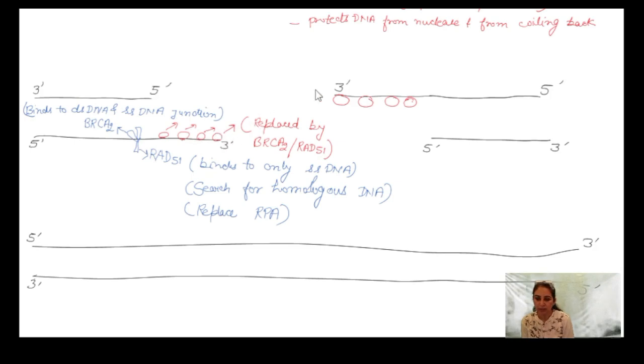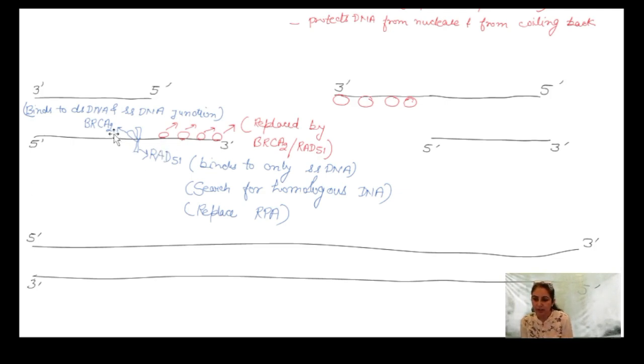For that, replication protein A comes, which protects this 3' overhang against the action of nucleases, and also prevents the coiling back of this 3' overhang. Similarly on the other side also, see, these are RPA proteins, the replication protein A. So this 3' overhang is also protected against nucleases with the help of RPA protein, and its coiling back is also prevented by the RPA proteins.